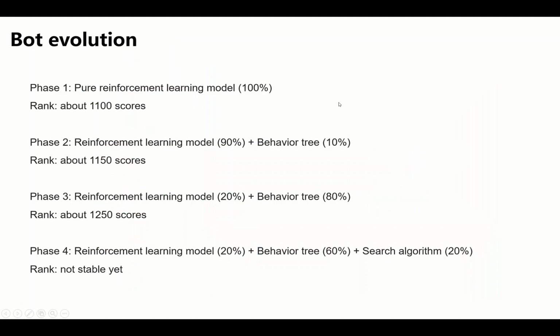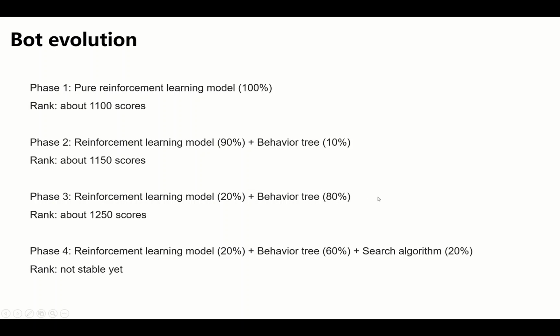At the beginning, we planned to build the bot with all trained models of reinforcement learning. With continuous iteration, the components of the bot are changing. When only using the RL model, the rank score of the bot can only achieve about 1100. Then we added the sub-mode control part and special fans obtained by the behavior tree, and the rank score could reach about 1150.